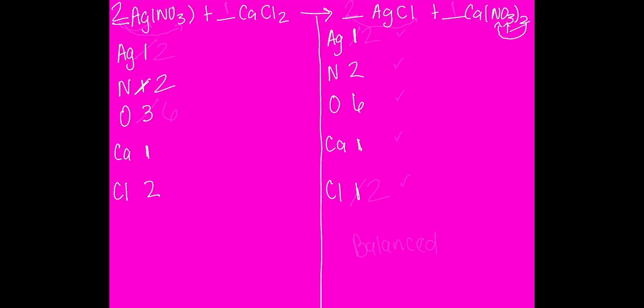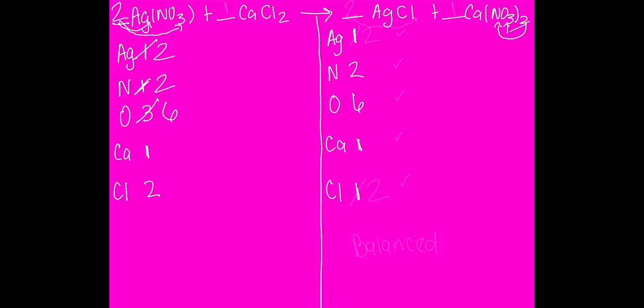So now I have my 2 nitrogens. But now that I have my 2 nitrogens, I also now have to distribute this 2 to all of the elements that it is in front of. So now I got to distribute this 2 to this Ag. So now I have 2. And then I also have to do the same to this 3. So 2 times 3 is 6. So now I have 6 oxygens, okay?